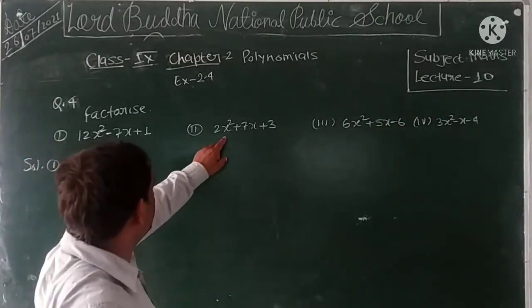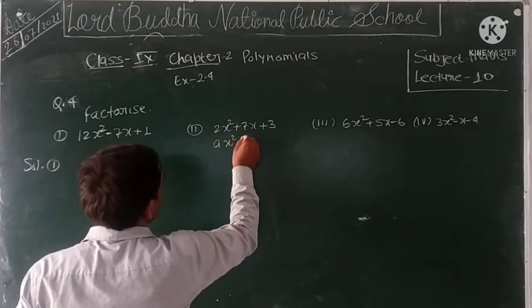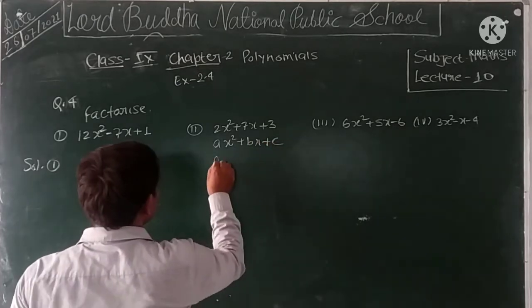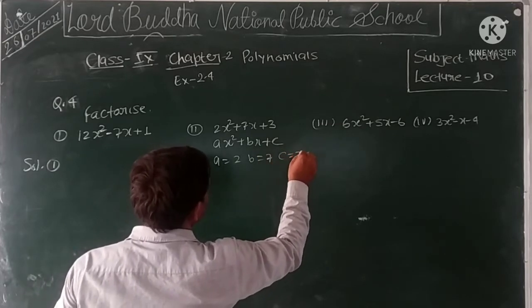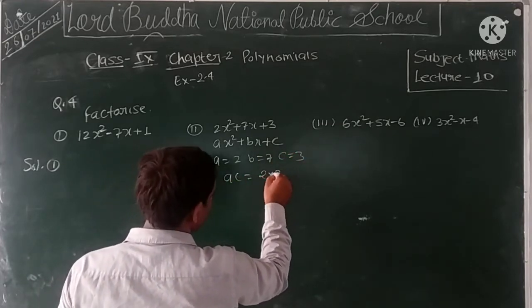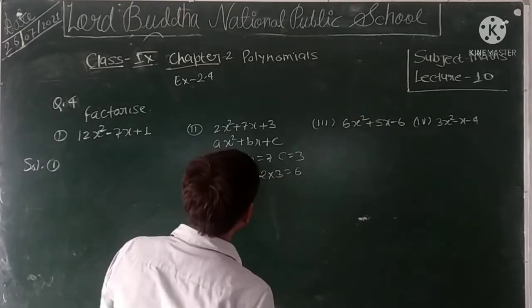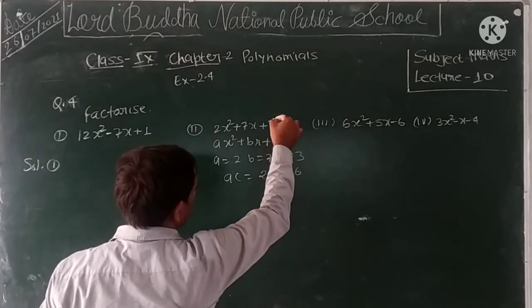Now we fix again. Here we compare with ax square plus bx plus c. A equal to 2, b equal to 7, c equal to 3. You get AC equal to 2 into 3, which is 6. Okay? Now we find factors of 6 because the constant term has positive sign.